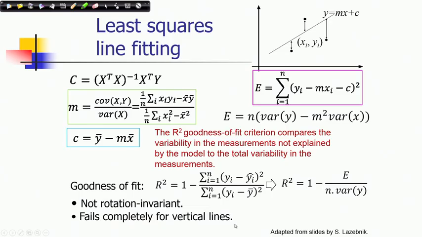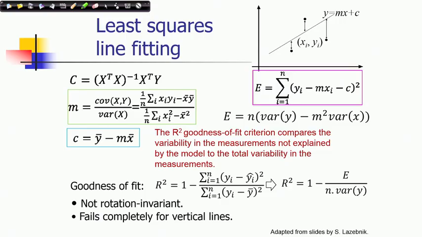You should also note that this technique is not rotation invariant, and it fails completely for vertical lines. If it is really a vertical line, it is x equal to a constant. So, y should be almost like infinity. It is very difficult, since variance of x tends to be very small and m is going to be infinity.